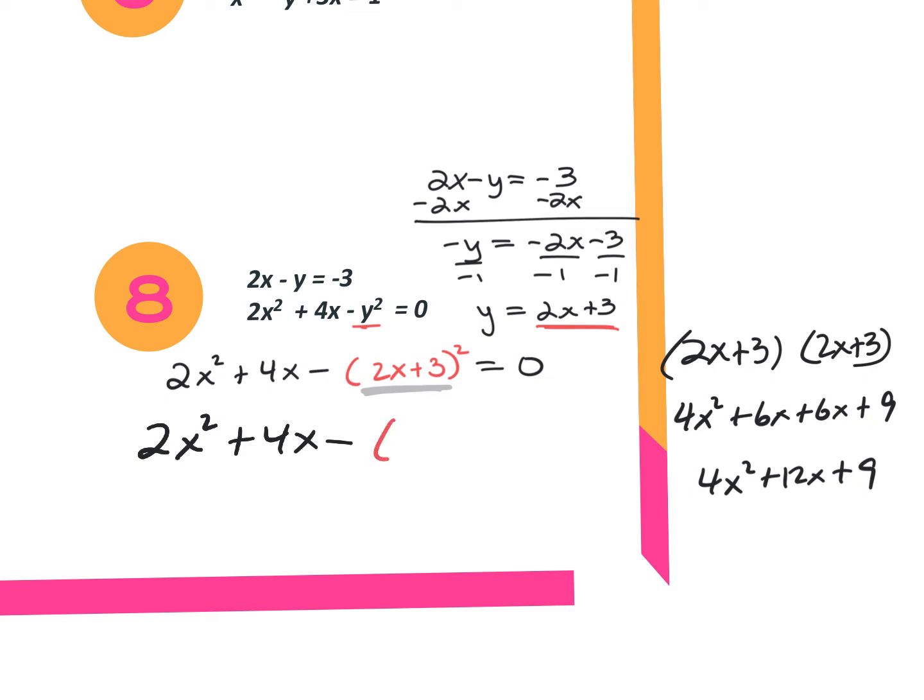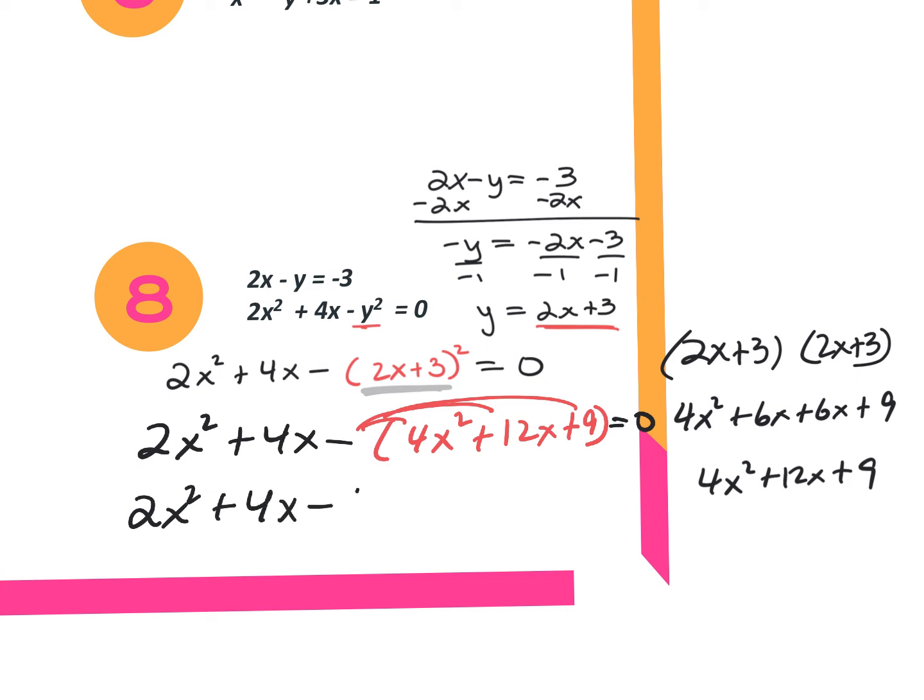Going to put in here what I just found, and then it equals 0. I need to now distribute this subtraction sign to all 3 terms here. So it ends up being 2x squared plus 4x minus 4x squared minus 12x minus 9 equals 0.